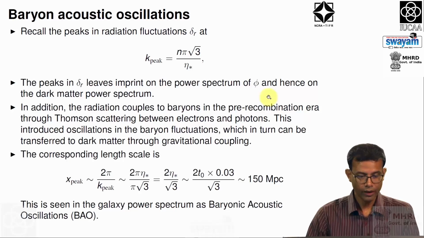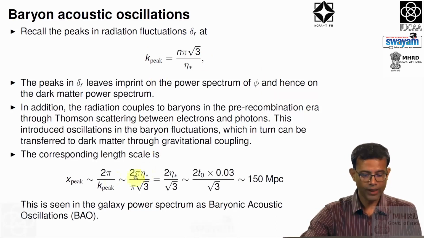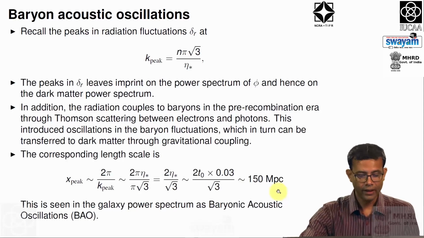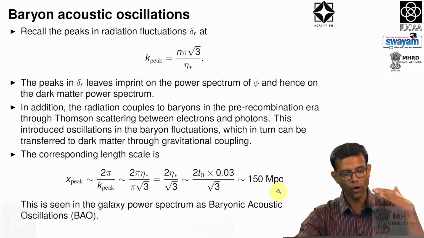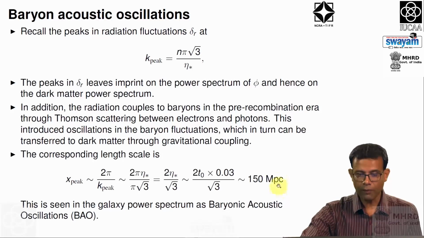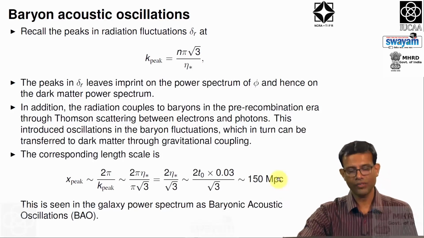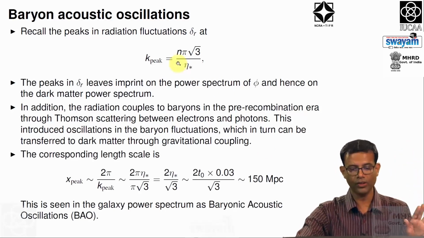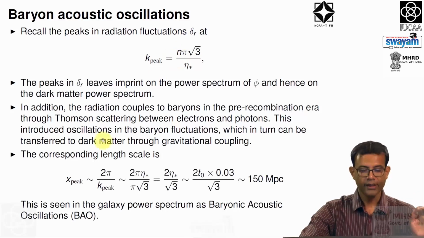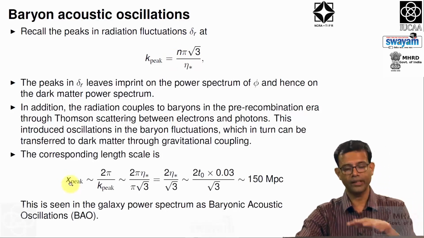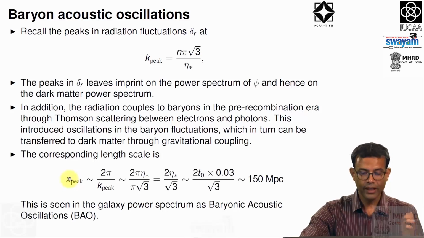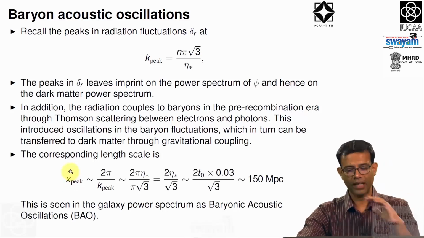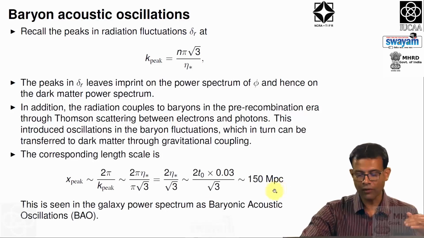You can work out the corresponding length scale of this peak. It turns out to be somewhere around 150 megaparsec. That is a very large scale, but what it means is that even if we observe the galaxy power spectrum today, if our theory of structure formation is correct and if the CMBR observations give you the positions of the acoustic peaks, then we expect a similar oscillatory nature, similar peaks in the power spectra of the large scale structure even today at 150 megaparsec.